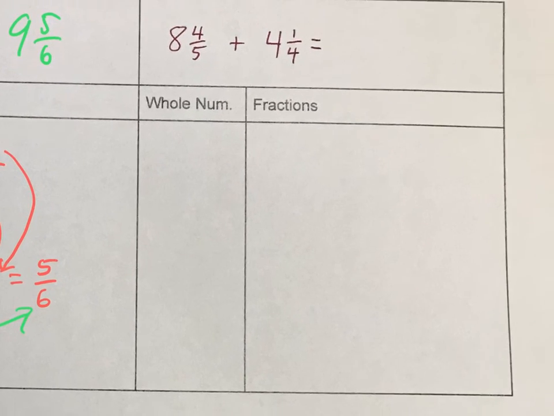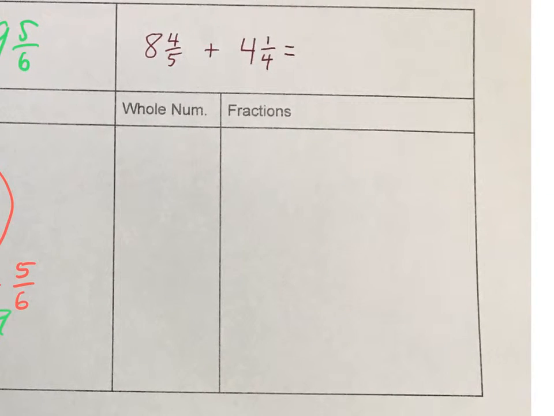Let's look at another one though. Here we have 8 4/5 plus 4 1/4. And we'll do the same thing. So first we'll do 8 plus 4. And then let's do our fractions. 4/5 plus 1/4.